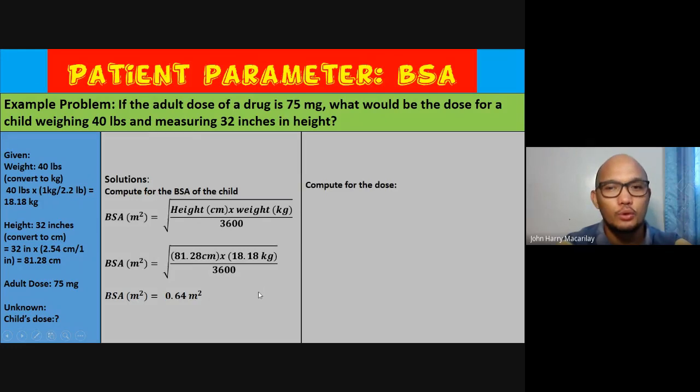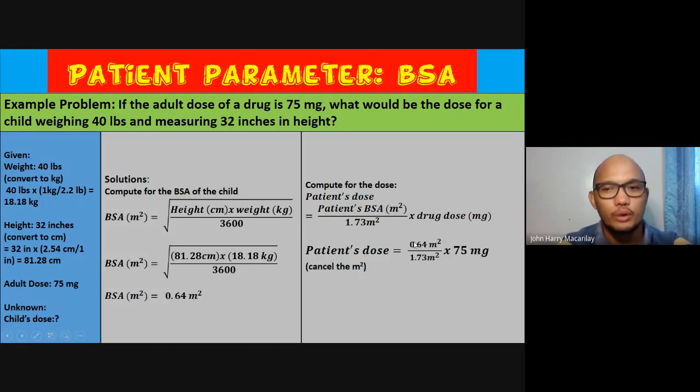Then we can now already compute for the dose of the patient using this particular formula. Patient's dose equals patient's BSA in meter squared over 1.73 meter squared times the drug dose in milligram. And then substitute now our given: the BSA and the drug dose, or the adult dose, which is equivalent to 75 milligram.